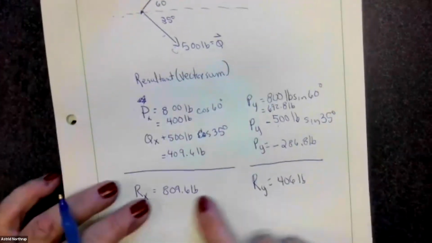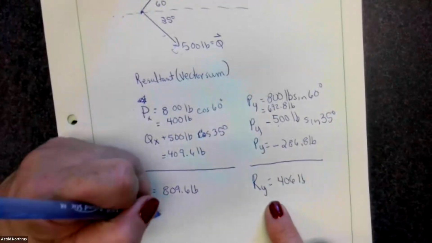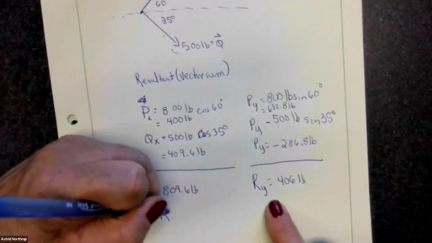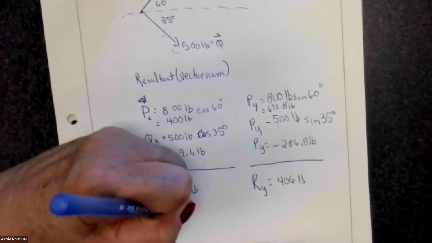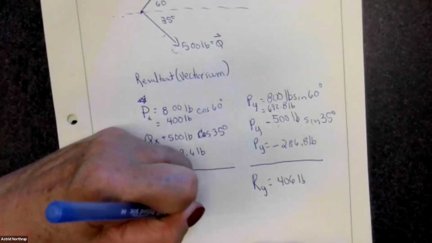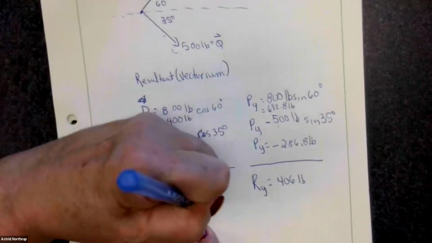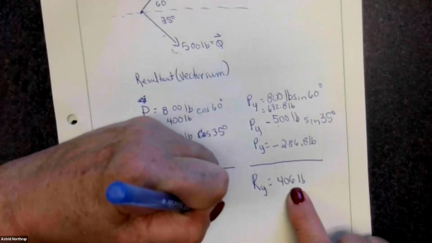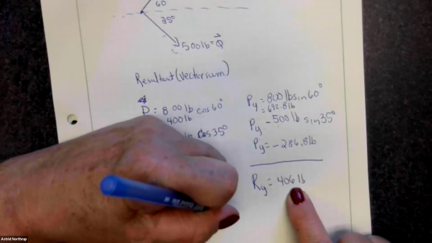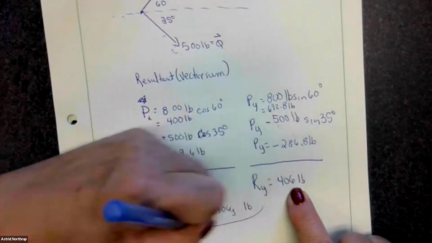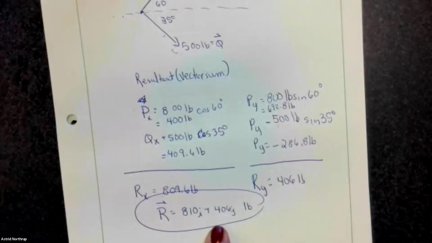So I have the components of the resultant. Vector R is equal to 809.6, which I should round to 810, in the I direction, plus 406 in the J direction, and don't forget the units in pounds.